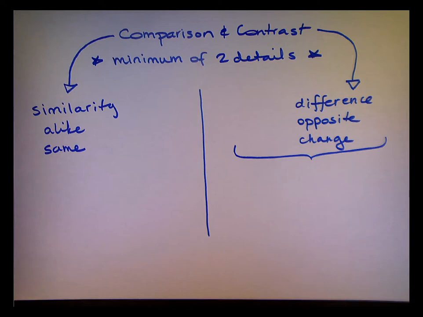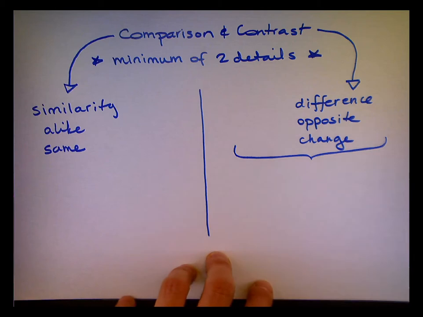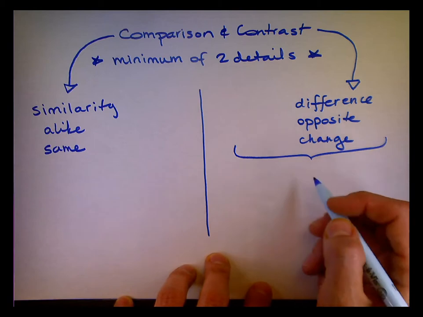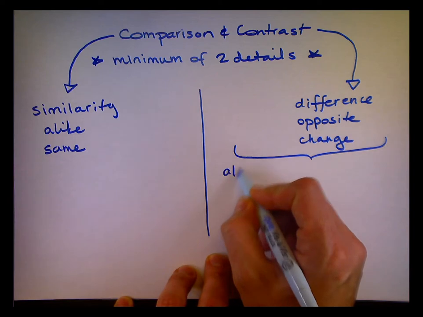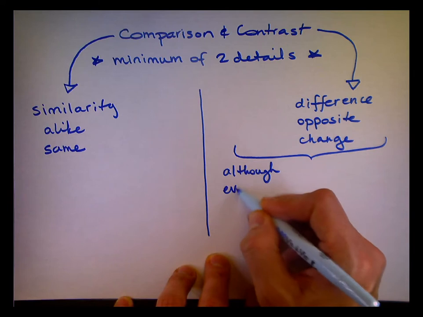Now, here's where those of you who are in or have taken prep writing have a huge advantage, or if you did well in that class, because there's certain words that you would have used in there to create compound sentences, to create complex sentences with the introductory fragments, the fanboys, the subordinating conjunctions that actually create these relationships within and between. All right, so there's a whole list of words that mean something is different.